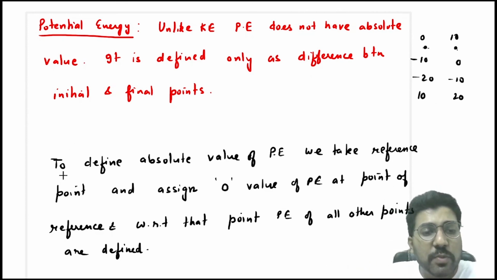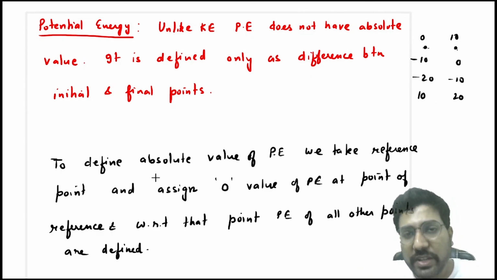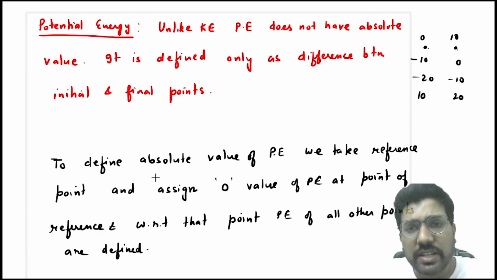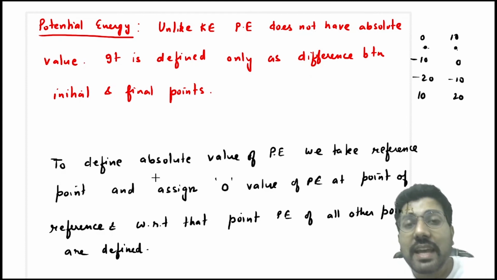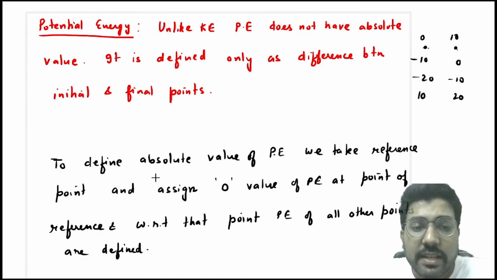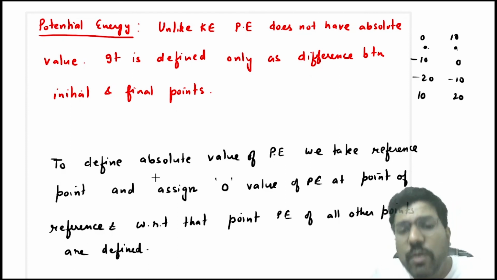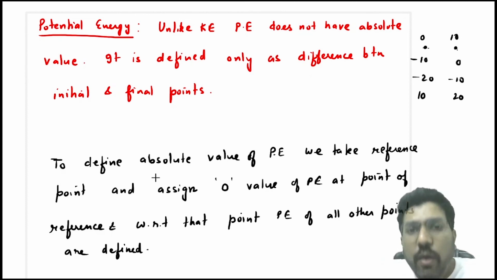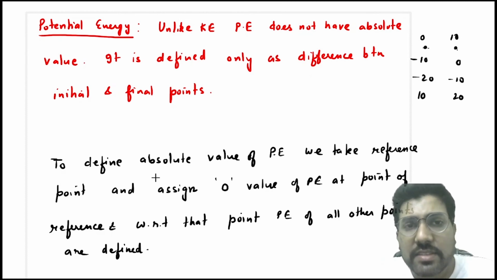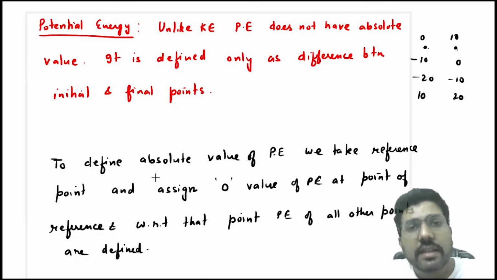So the next point is to define the absolute value of potential energy, because we have calculated the potential energy of the spring as half kx square, and the potential energy between two charges as k q1 q2 by r. But there we have taken a reference point and assigned zero value of potential energy at the point of reference. For example, in an electrostatic system, we define infinity as the reference point.